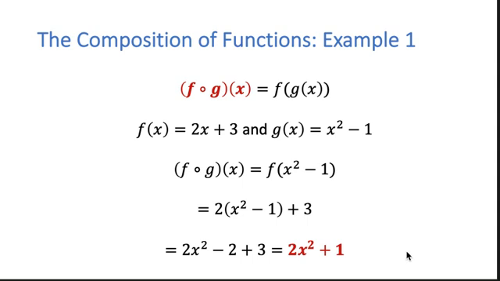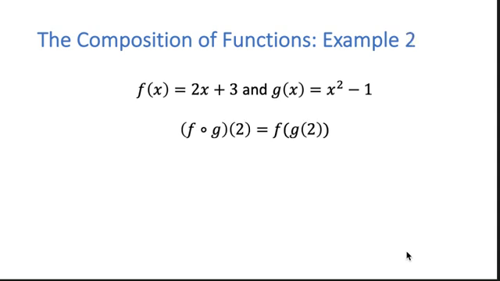Okay, let's look at another type of example. In this example, instead of me just asking you for f of g of x, here I'm asking you for f of g of 2, a specific value. And just like before, that means f of g of 2. So I'm going to plug 2 into the g function, get that answer, and plug it into f. So g of 2 is equal to 2 squared minus 1, 4 minus 1, which is 3.